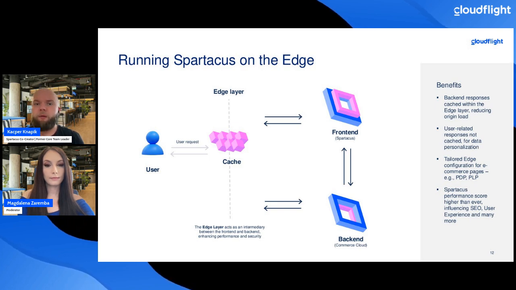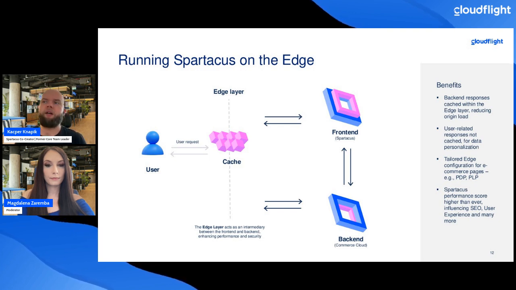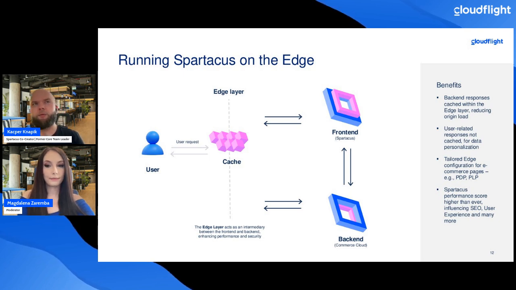And when it comes to authenticated content, so for example, once you log in, you can see my account. What we do is we understand how the backend works, how the API looks like. So we don't cache specific API requests which relate to the authenticated user.